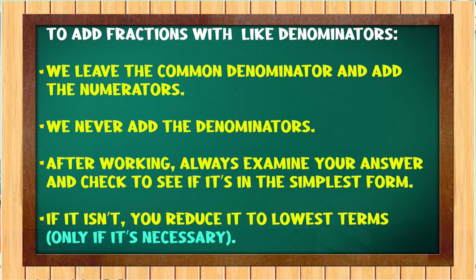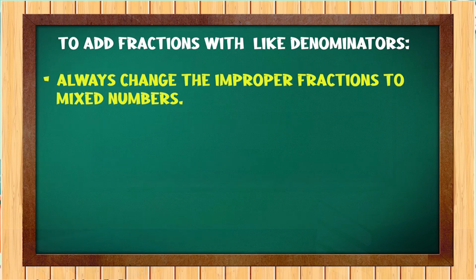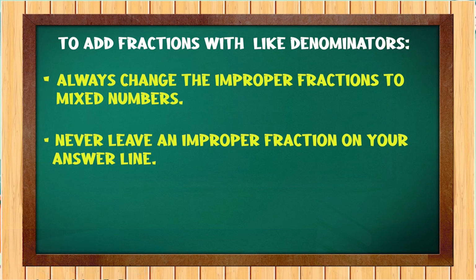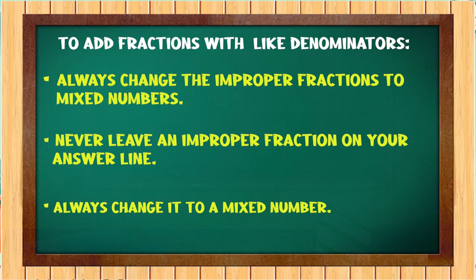If it isn't, you reduce it to lowest terms, only if it's necessary. We always change improper fractions to mixed numbers. Never leave an improper fraction on your answer line. Always change it to a mixed number.